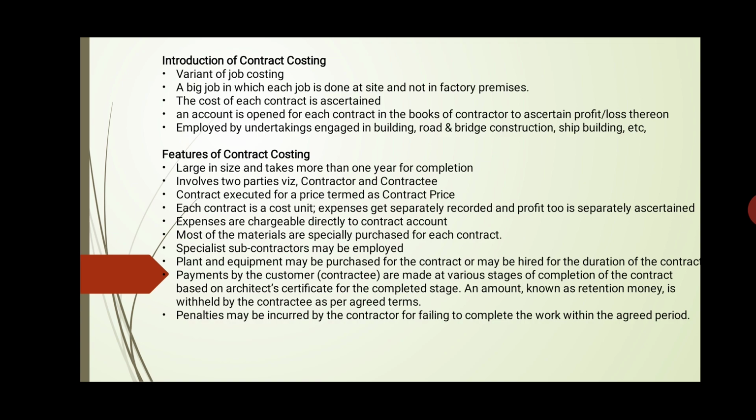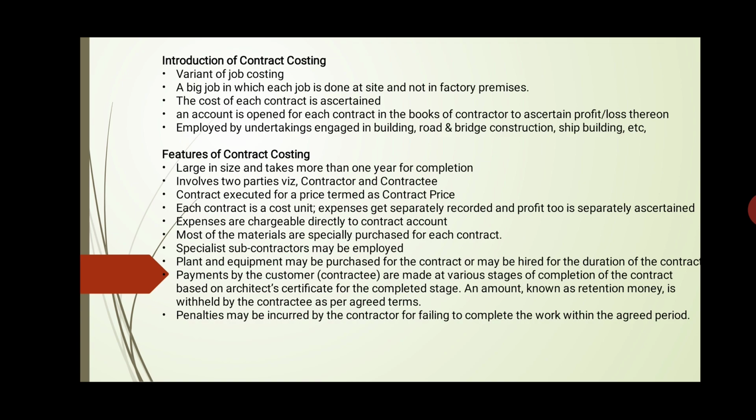But according to the architect certificate, and this concept is also known as work certified, we will be coming across more terminologies to understand what is work certified, architect certificate, and so on. Penalties may be incurred by the contractor for failing to complete the work within the agreed period.